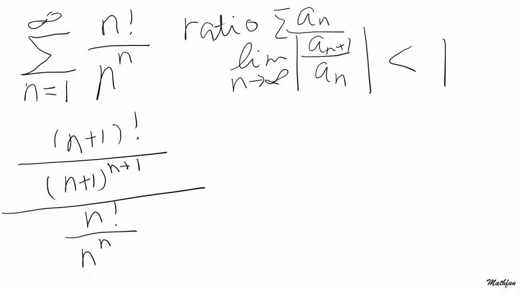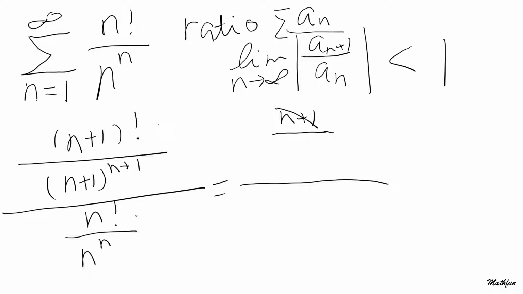So we will try to eliminate something. First of all, as we all know, (n+1) factorial equals (n+1) times n factorial. So n factorial can be eliminated, and that will leave us with n+1 out here. Oh, as a matter of fact, we have an (n+1) to the power of n+1, don't we?